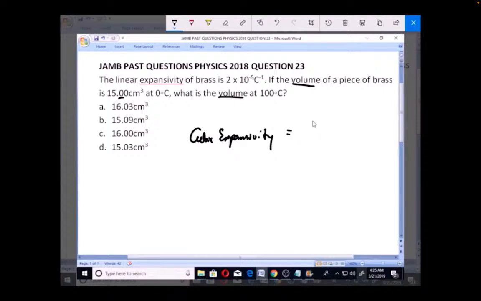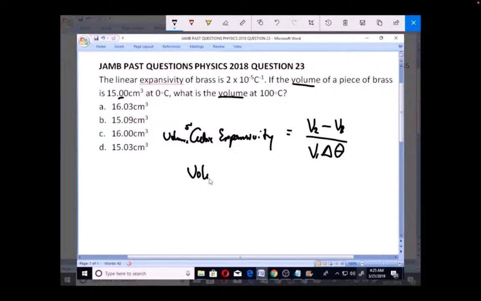It is the change in volume, which is the final volume minus the initial volume, all over the initial volume. The initial volume is V1, the final volume is V2, all over V1 times the change in temperature. You can call it cubic or volume expansivity. You can call it any of these.